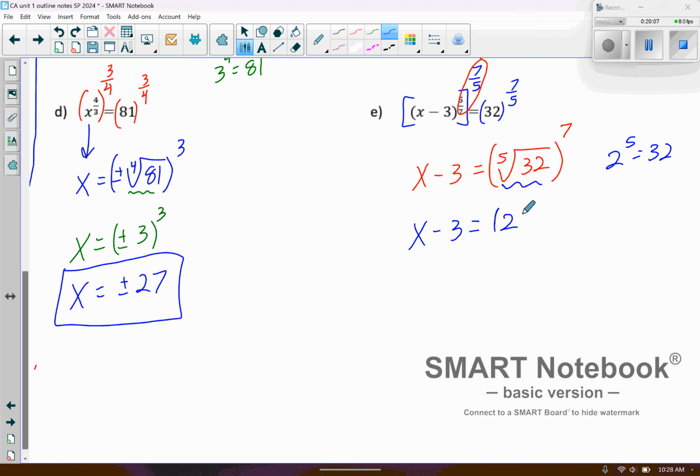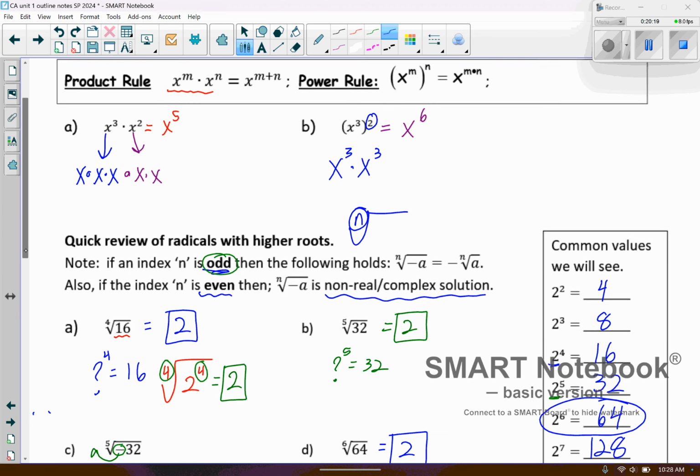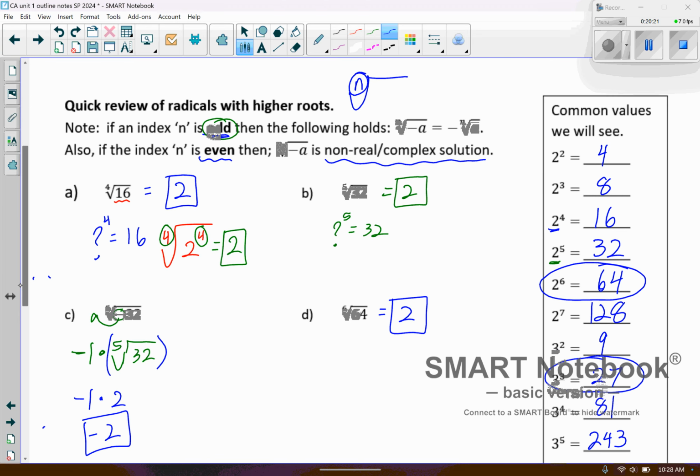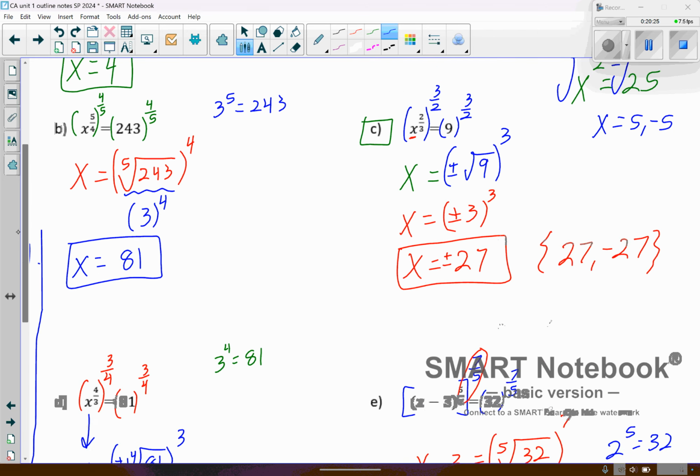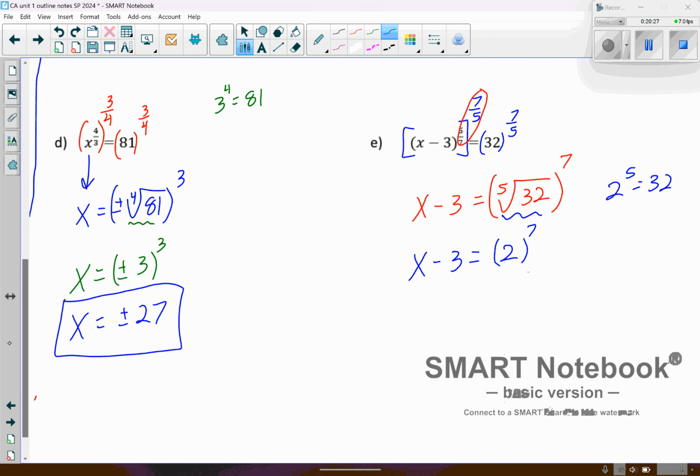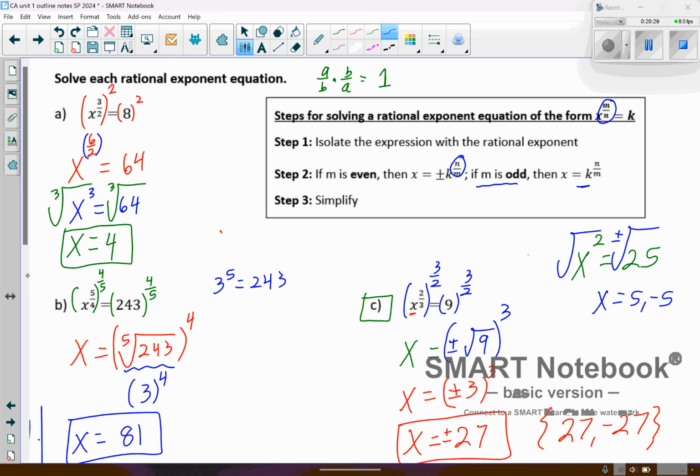And then we're going to have to take that 2 and raise it to a power of 7. And so if you look on your cheat sheet, I think it's 128, but let's double check. So, yep, 2 to the power of 7 is 128. So whenever you need to, just refer to that or use your calculator.